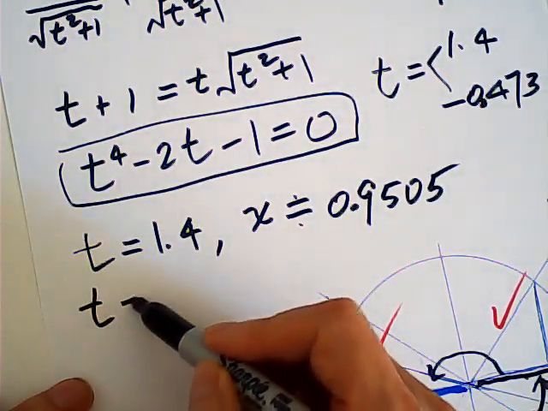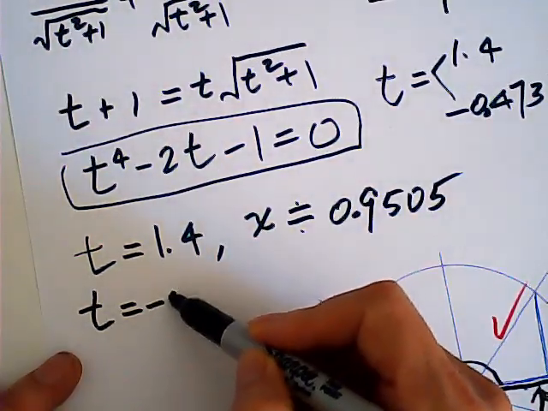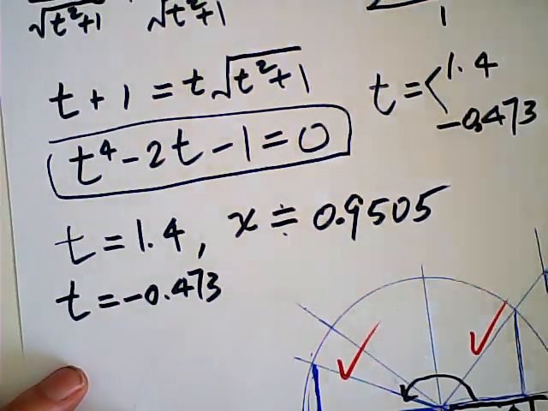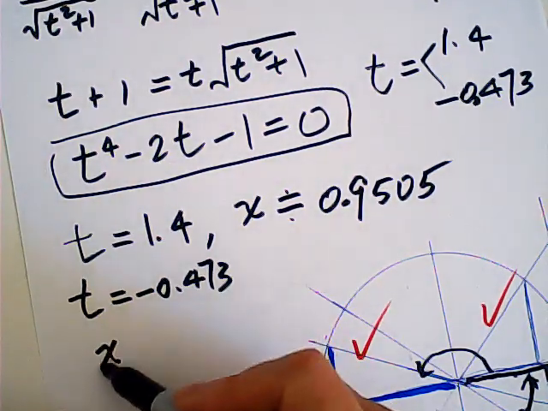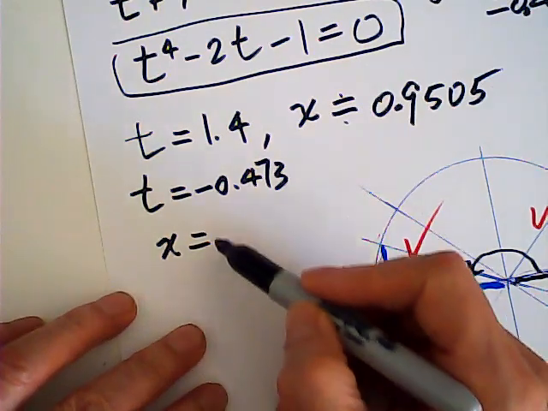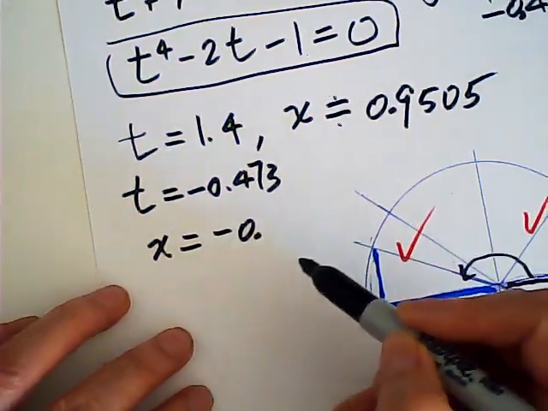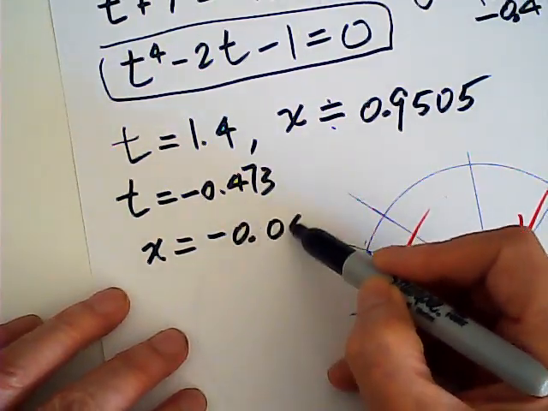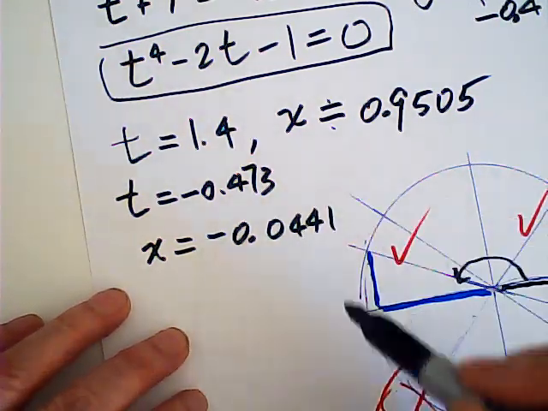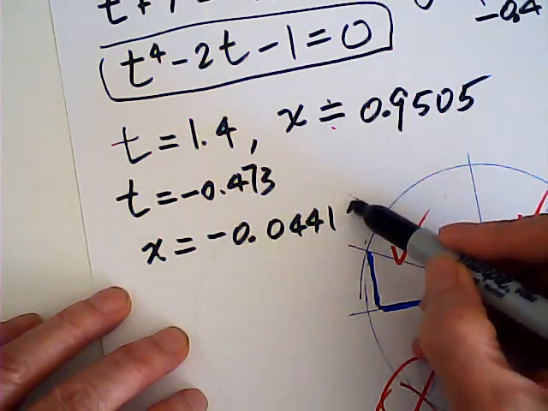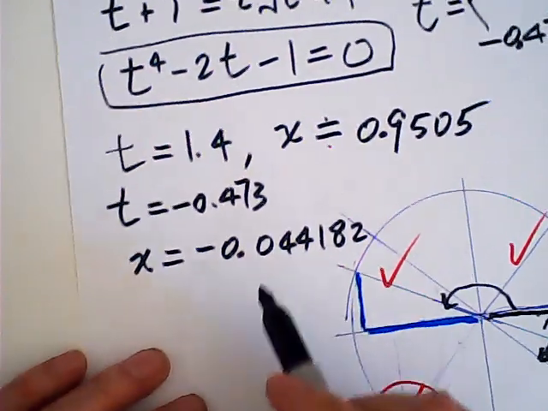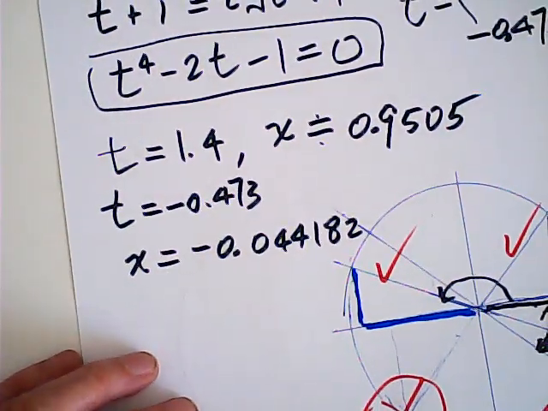Now, t equal to negative 0.473, then x is equal to negative 0.44182. That is the angle in the fourth quadrant.